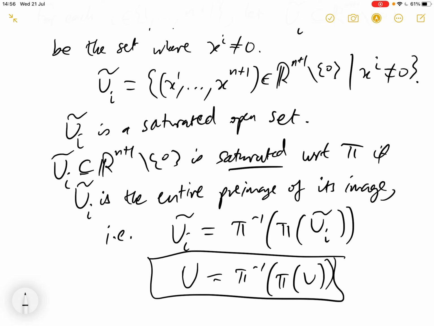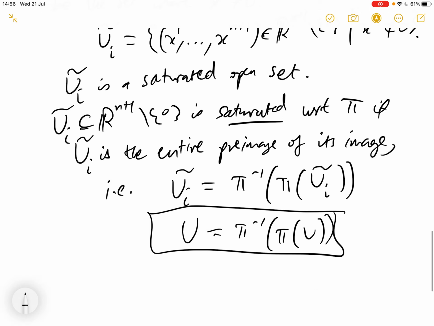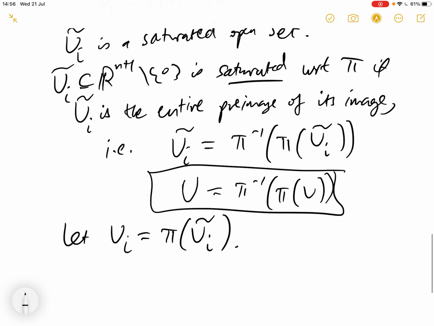Okay, so that will be useful because we can conclude, if we let U_i be the image under this quotient map of U_i tilde, then it follows that U_i is open.